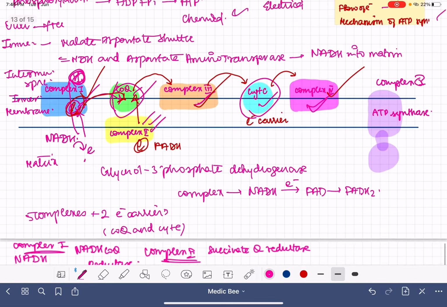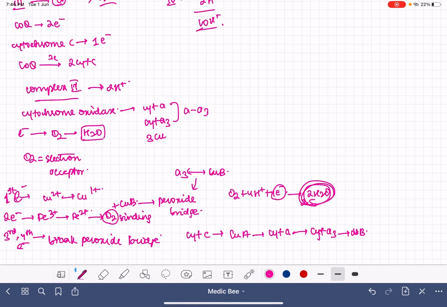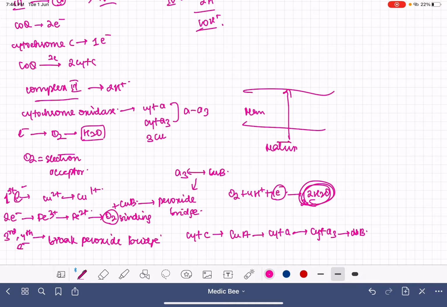And now, because there is such a huge pumping of protons across the membrane, there is so much accumulation. If we assume this is the membrane and this is the matrix, H plus from here is pumped towards here. For each NADH, 10 protons are pumped out.